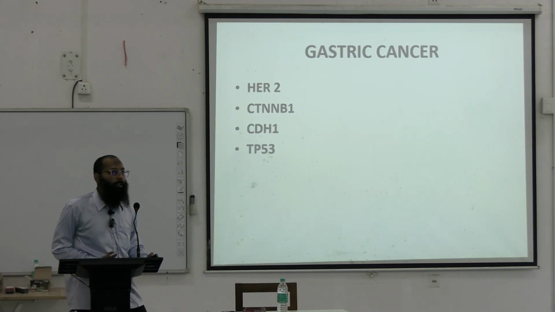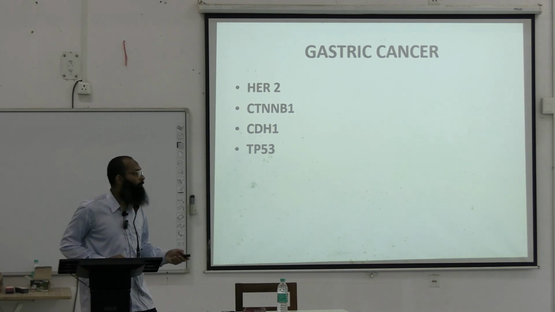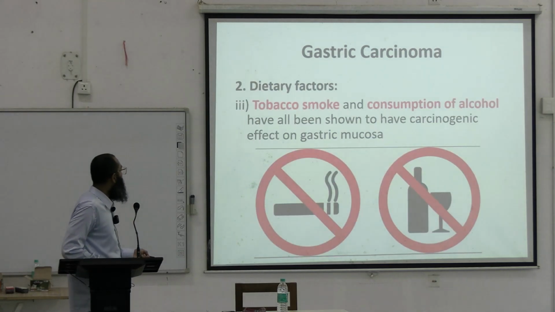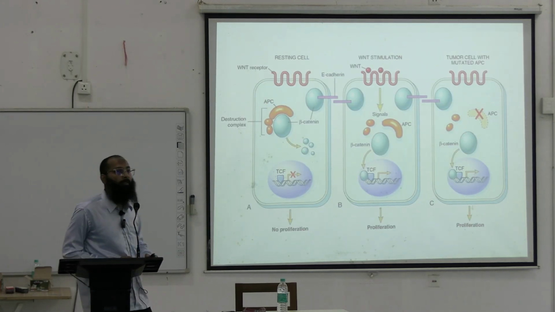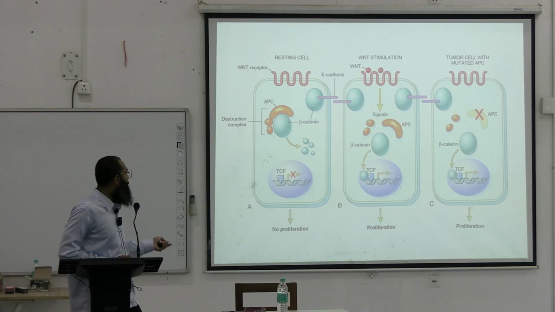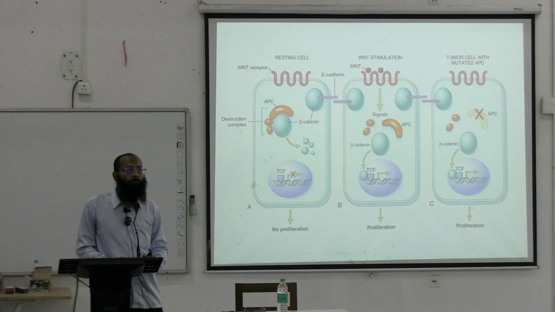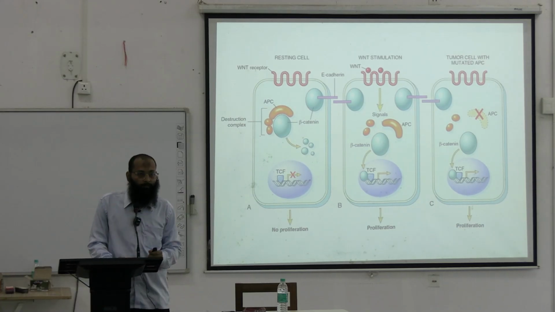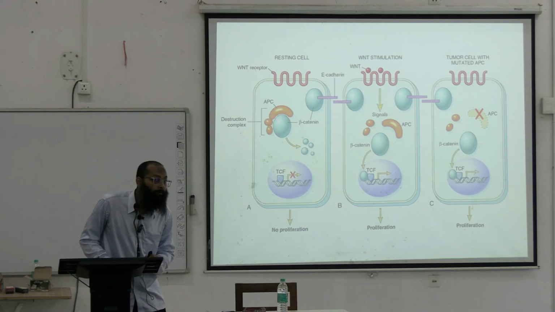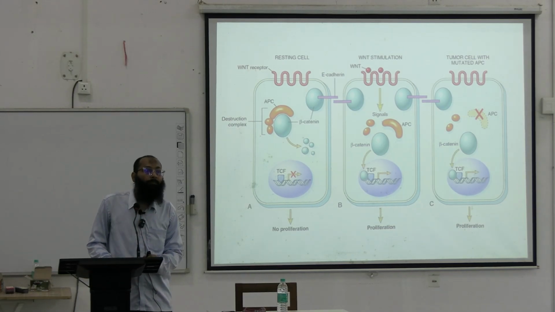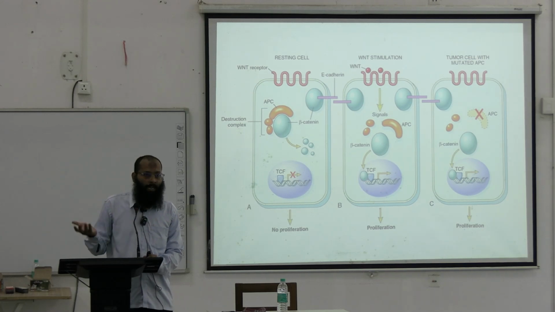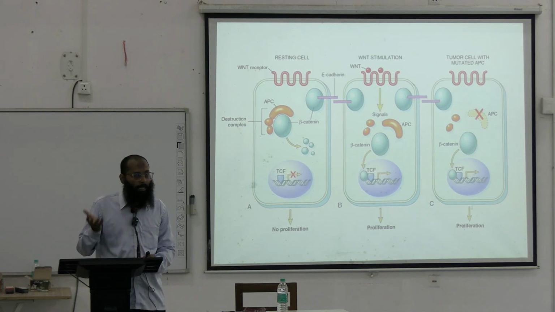Okay, fine. How does it cause it? Beta-catenin. This is the WNT pathway. Just look here and tell me how it causes gastric cancer. If there is more amount of beta-catenin protein in the cell, what will it do?